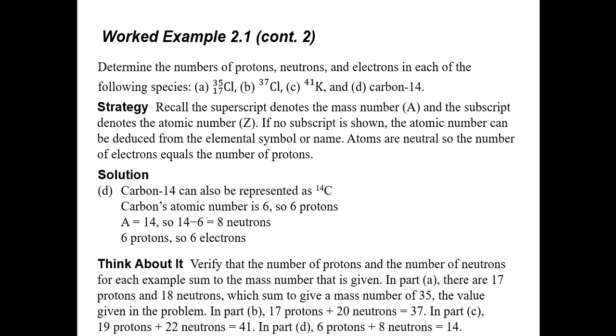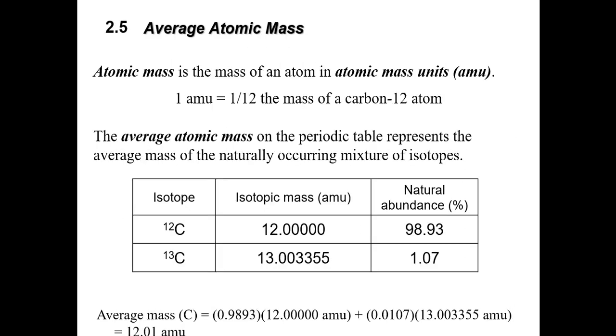Now I'm going to the average atomic mass. If you can see in this periodic table, I have the periodic table open here. Let's look at carbon. 6 is the atomic number, 12 is the mass number. So what is that 12.0?